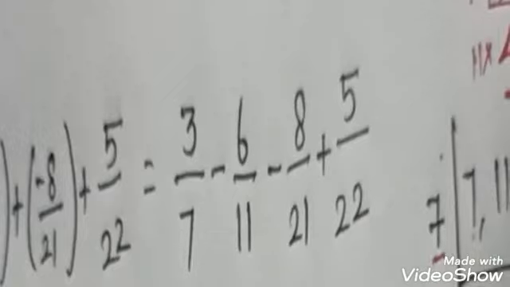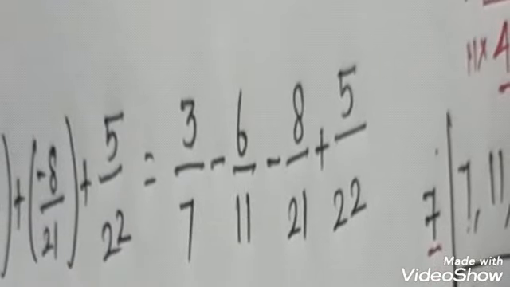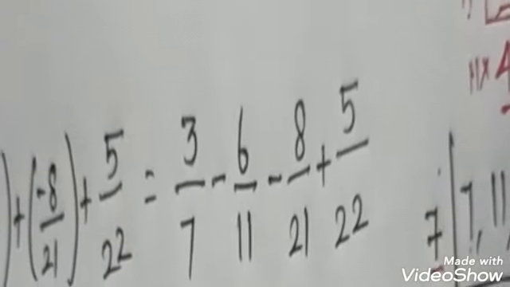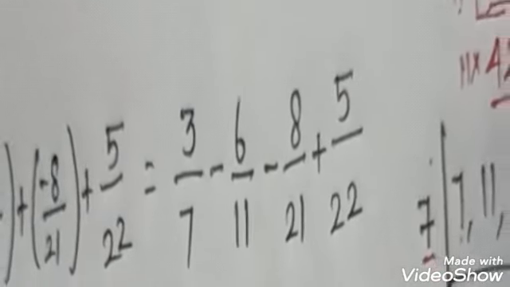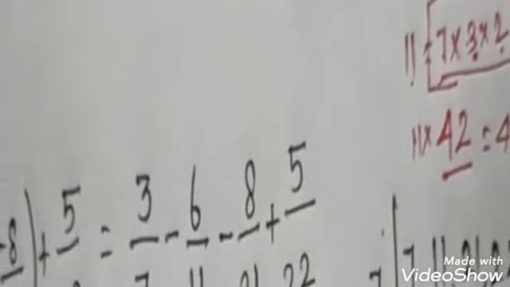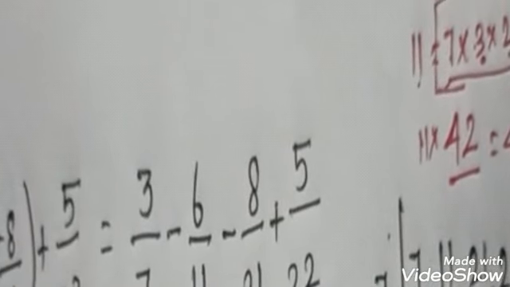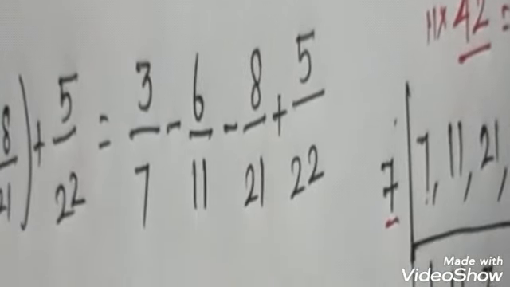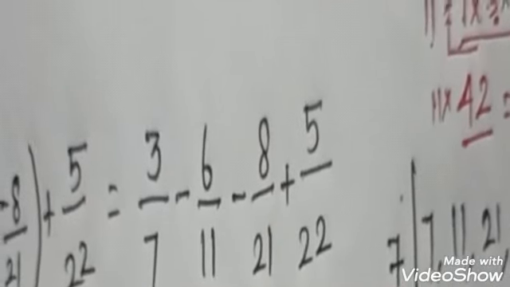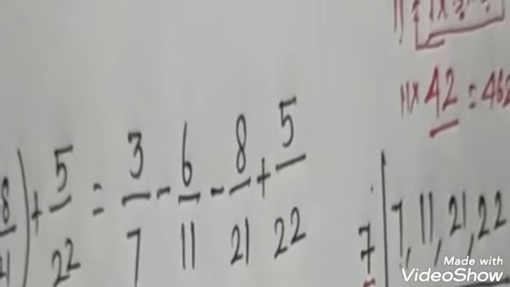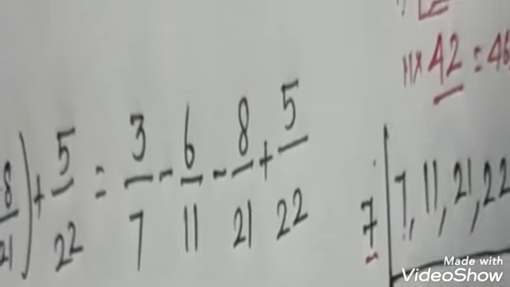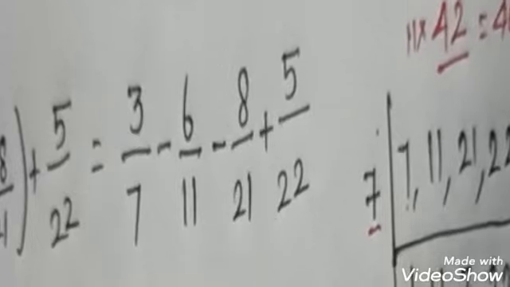Here minus is there. 6 2s are 12, remaining 1. 6 4s are 24, carry over 1, 25. The same way you have to multiply this. 8 2s are 16, 6 carry over 1. 8 2s are 16 plus 1, 17. So 5 into 21. 5 1s are 5. 5 2s are 10.